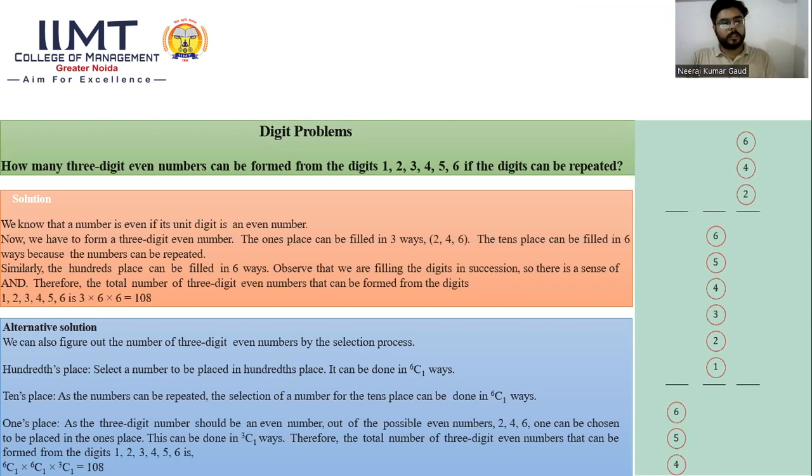So this can be done in 3C1 ways. Therefore, the total number of three-digit even numbers that can be formed from the digits 1, 2, 3, 4, 5, 6 is 6C1 × 6C1 × 3C1, which also comes out to be 108.